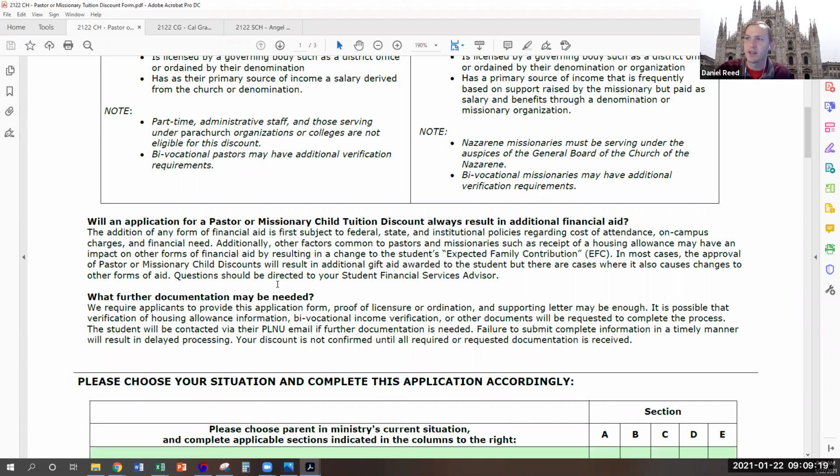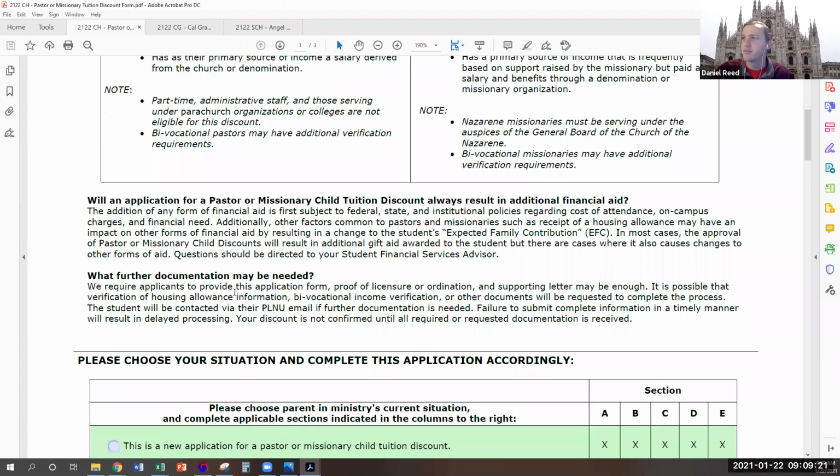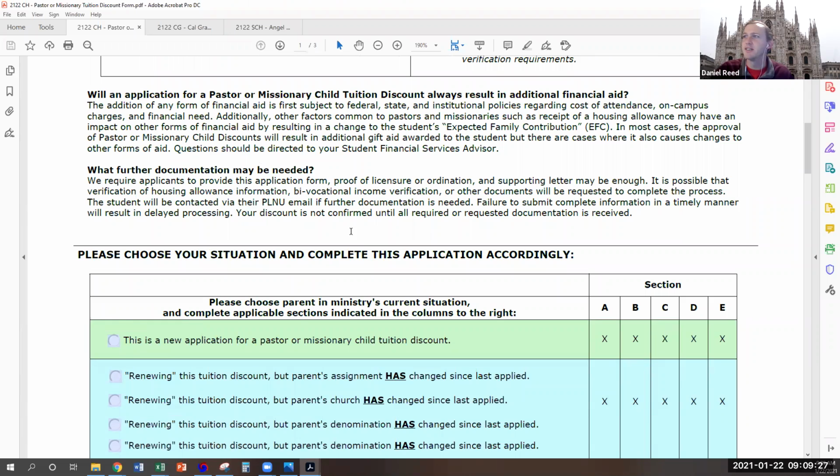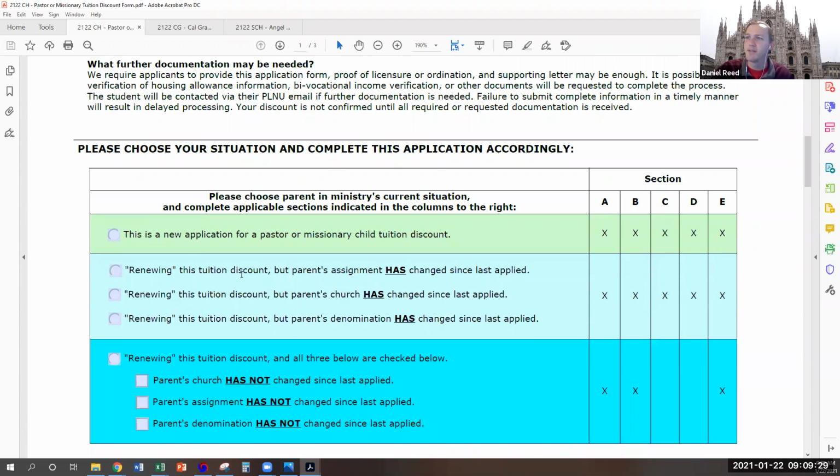So none of that has changed. There are a few phrasing changes, but the big change is this section at the bottom of page 1. It's this little chart that we're hoping families will look through and read and say, okay, this is the section that applies to me.